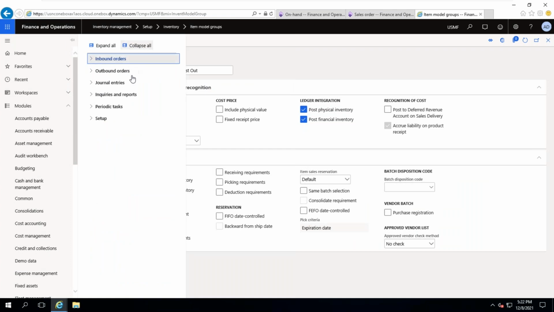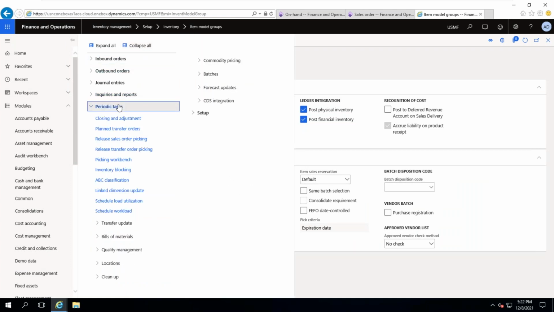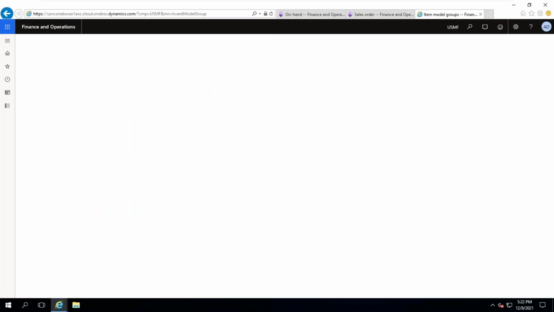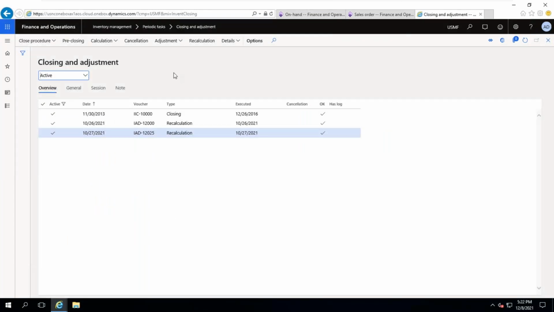Inventory management, periodic tasks, closing and adjustment. Now, as I told you, you can use this function or this function. Both are the same. Little bit differences are there. Those differences I will explain to you.